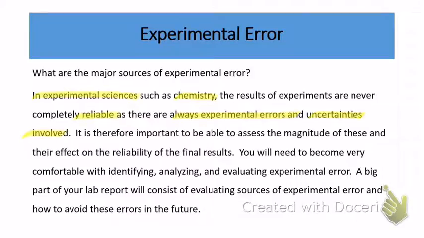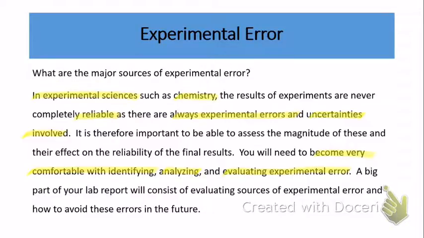So it is important to be able to assess the magnitude of these and their effects on the reliability of the final results. What you're going to have to do in your labs is become very comfortable in identifying, analyzing, and evaluating experimental error.